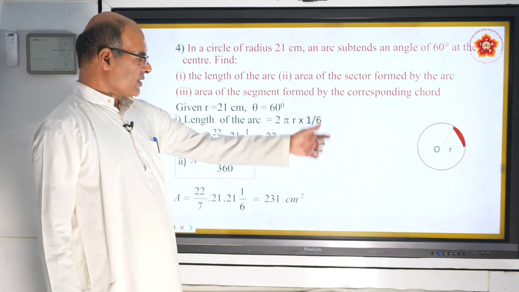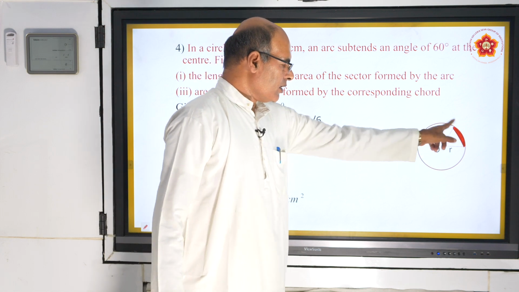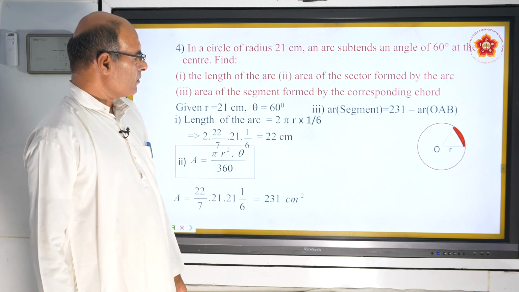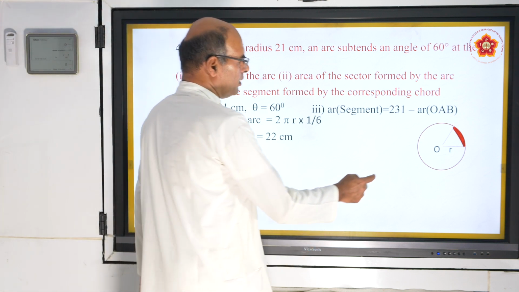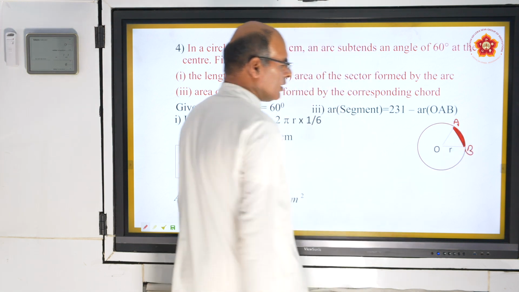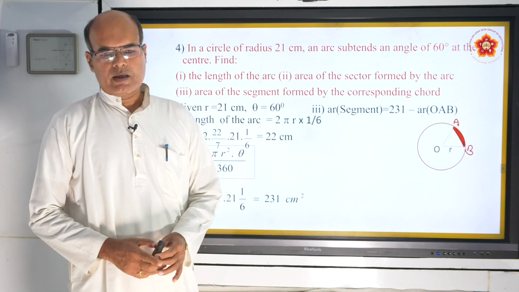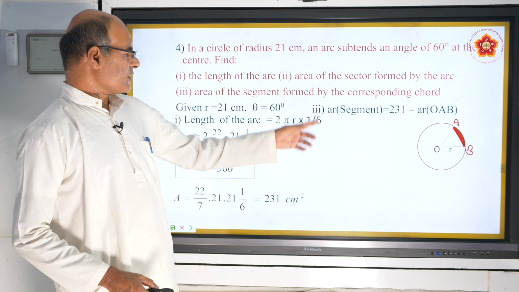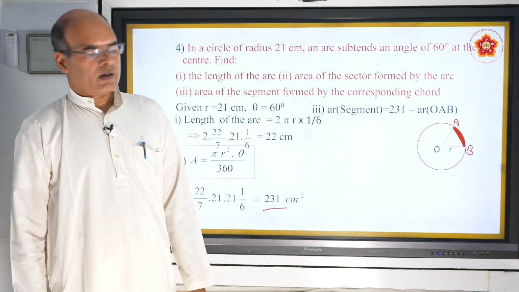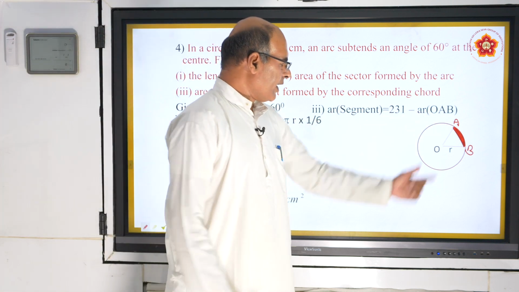You know that the area of the segment is the area of the sector minus the area of the triangle. Let the end points of the chord be A and B. The area of the sector, already calculated, is 231 centimeter square. Now calculate the area of this triangle.